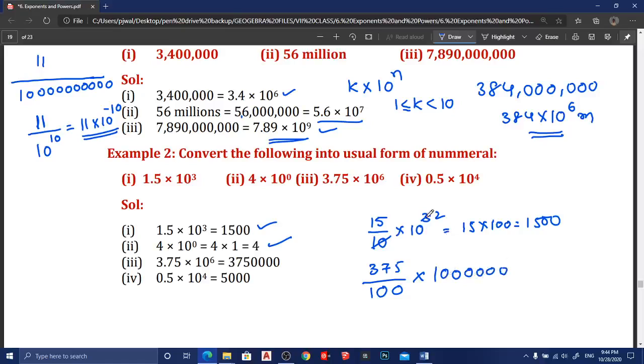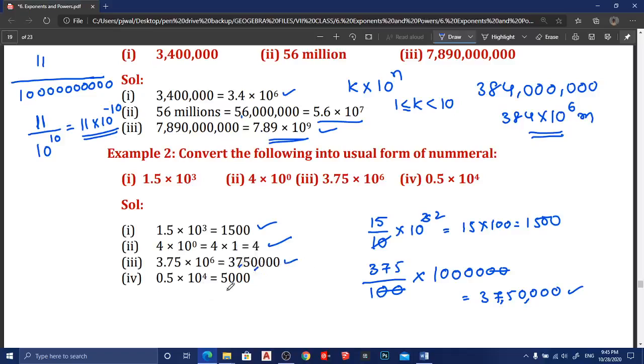Like 10 cube means 1000. So cancel 2 zeros here. How many zeros are remaining? 4 zeros. Simply write 3750000. So 37 lakh 50,000 is the answer.